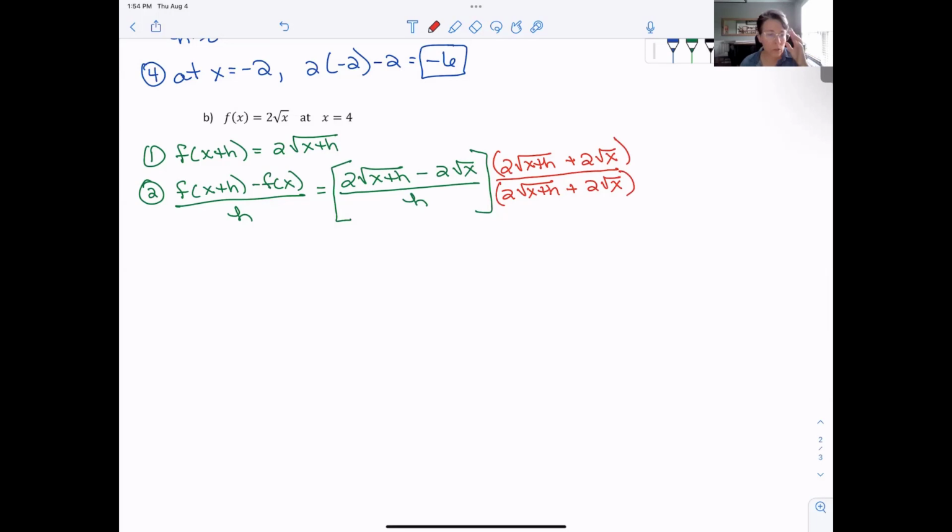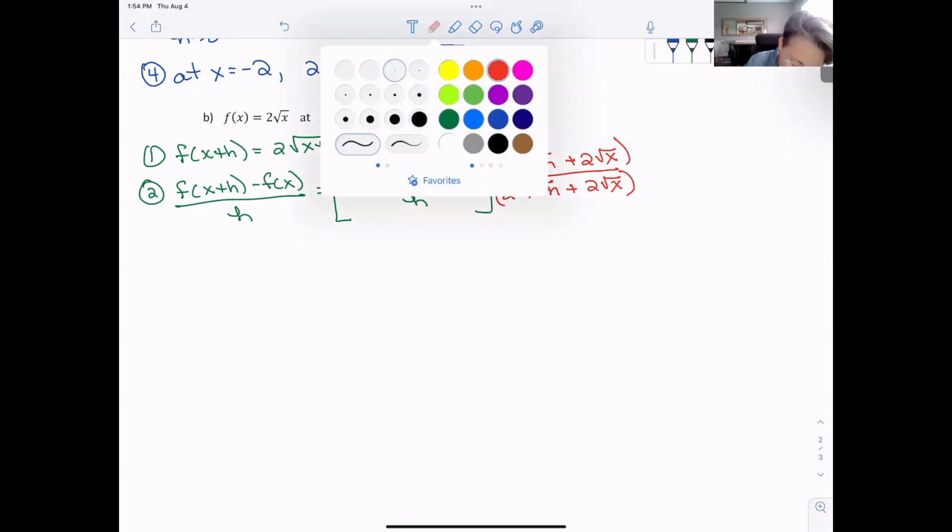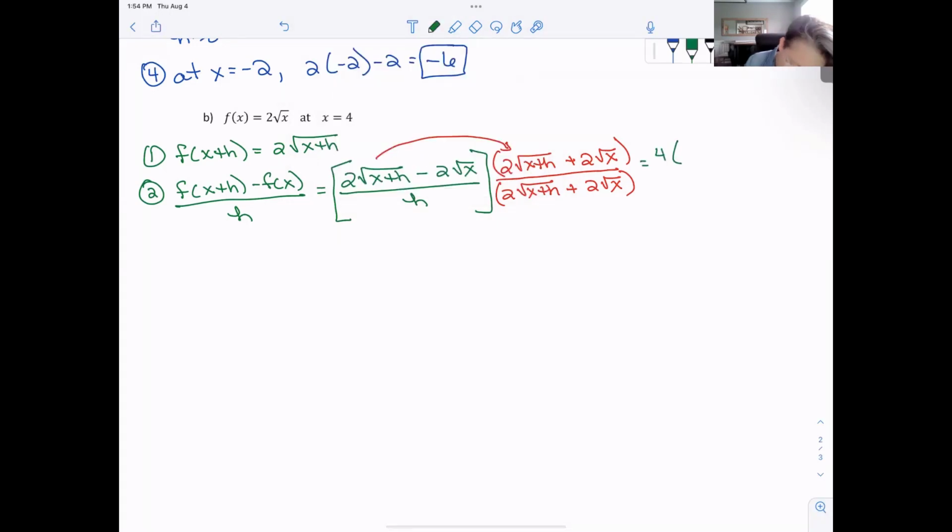So the reason we do this, remember conjugates, you square the first, you square the last, but the outside and inside terms add up to 0. So if we were to multiply these two together, we would get 4, and the square root squared just gives us what's on the inside, x plus h. And then notice these outside would get us a positive 4 square root of x plus h square root of x.